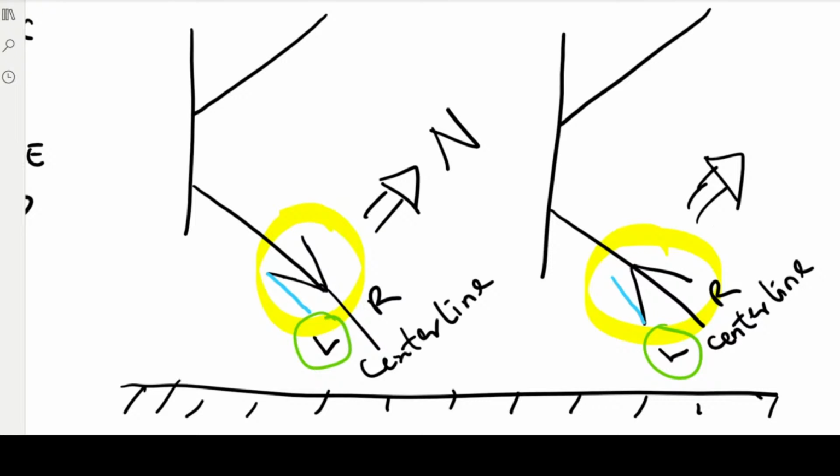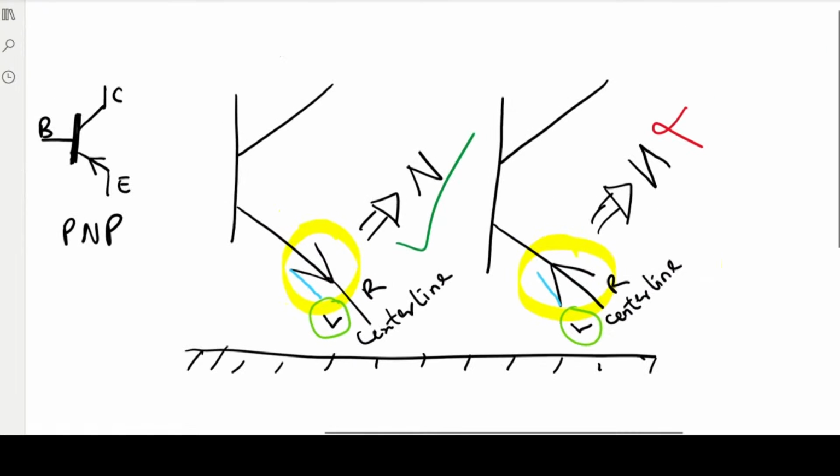Okay, let's not do that. Let's just show what it looks like. It looks like an inverted N, right? So let's go to primary school and we're gonna say bad way of writing N, and we're gonna say good way of writing N. So whichever looks like an N is your NPN transistor. Okay, easy. That's your transistor.